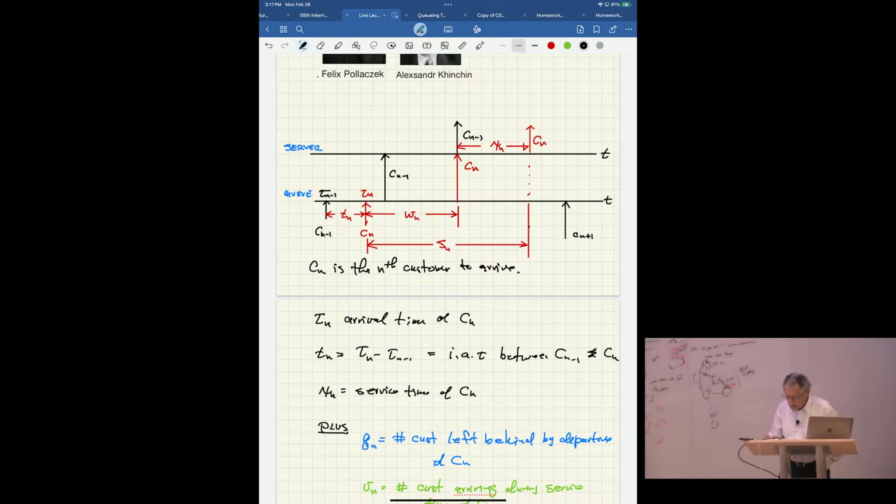What is this interval that I'm starting to draw here? What happens in that interval? Idle, right. When Cn left, it turns out he left behind an empty system because nobody went into service there. The next guy came in after he left. So this is an idle period.